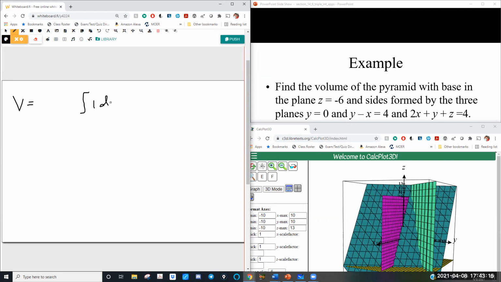And z is perfectly set up to do first on this one, because we got a very clear bottom and top. z is going to go from -6 to, again, this plane solved for z: 4 minus 2x minus y. That is our first set of limits.